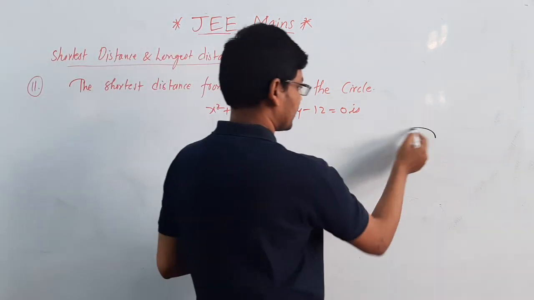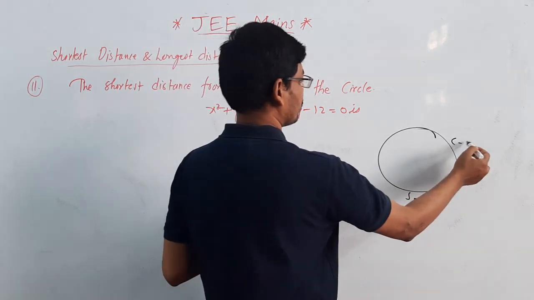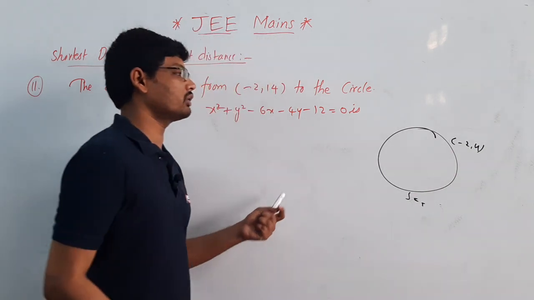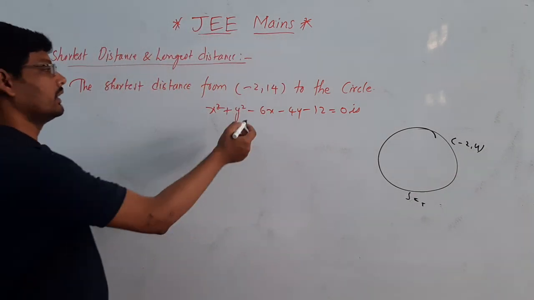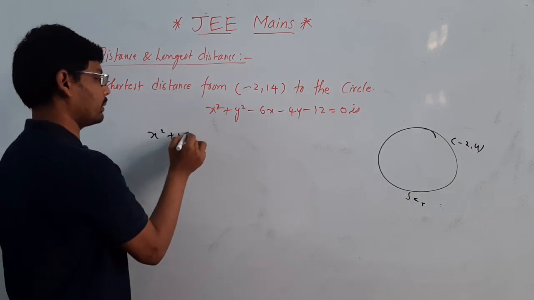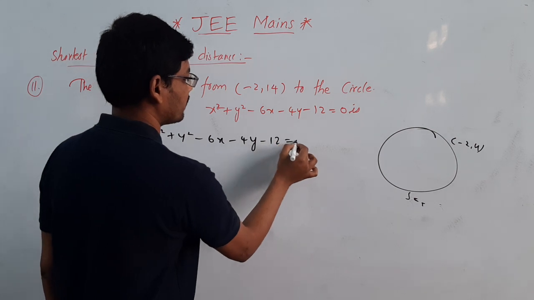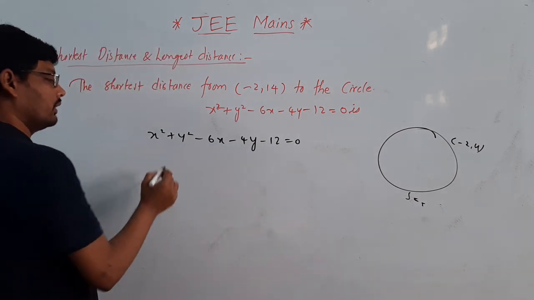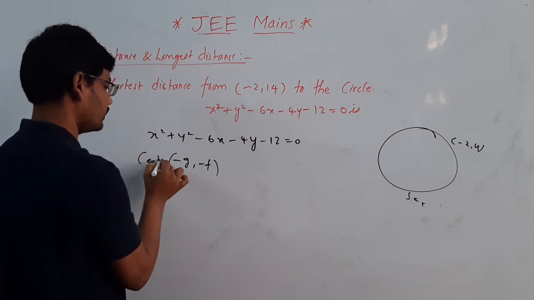So this is the circle, and the point is (−2, 14). The shortest distance to the circle is measured from the center to that point. From the given circle x² + y² + 2gx + 2fy + c = 0, the center is (−g, −f).